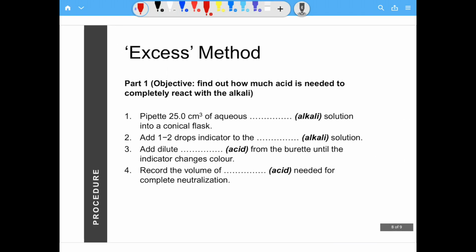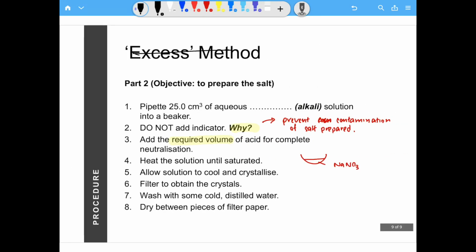Now at this point I notice an error in the heading, so this is for the titration method and this is also for the titration method. At this juncture we have learned three things. One, when asked to prepare a certain salt, you should be able to determine what method to use.